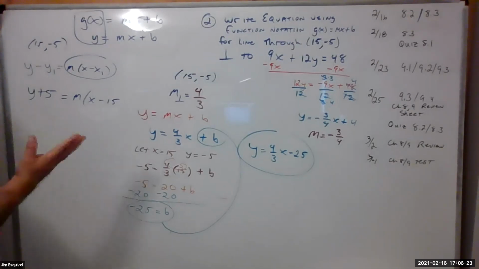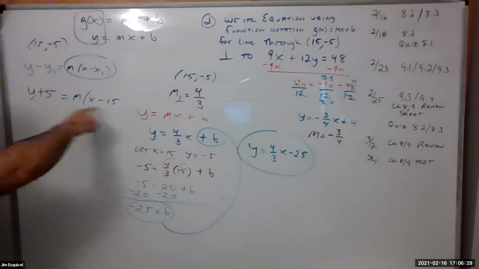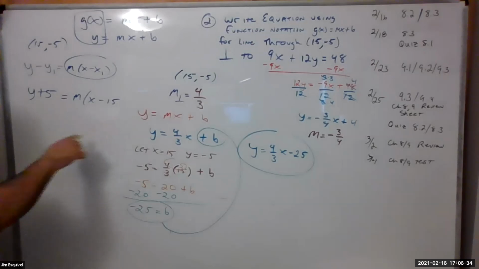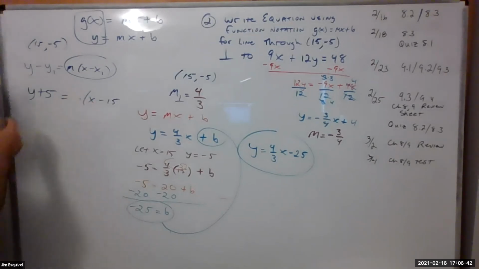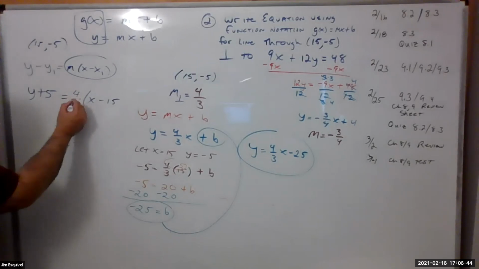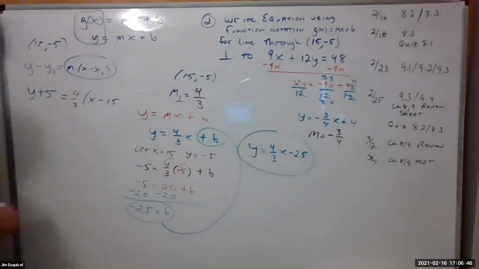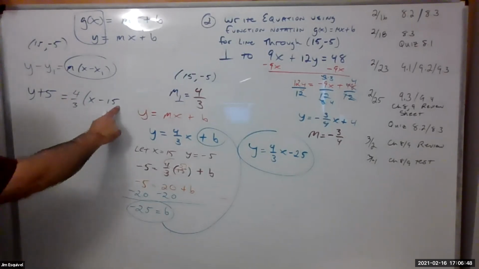My mind goes into places where I don't want to go. If they're all writing the exact same thing, whenever students write exactly the same thing, I start to think bad things. Oops, 4/3. My bad. When they don't close off the parenthesis.